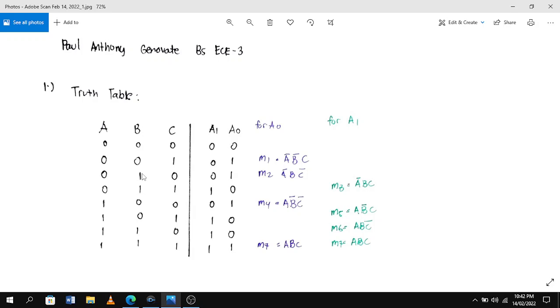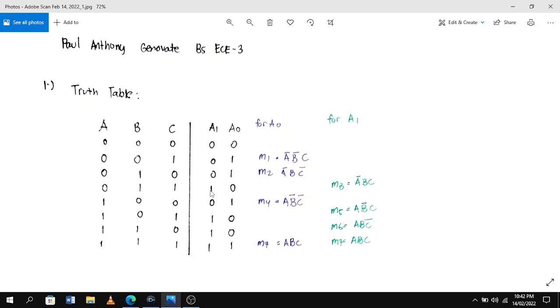For 2 logic 1s, A1 must be logic 1 and A0 logic 0, so 1 0 represents 2. And 1 1 1 represents 3, so 2 plus 1: logic 1 for A1, logic 1 for A0.